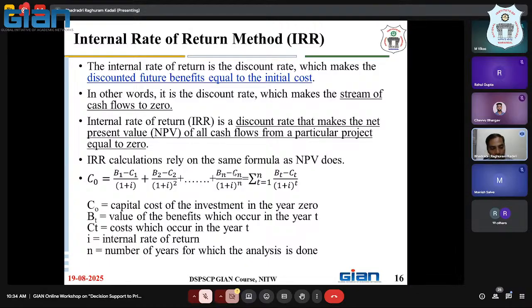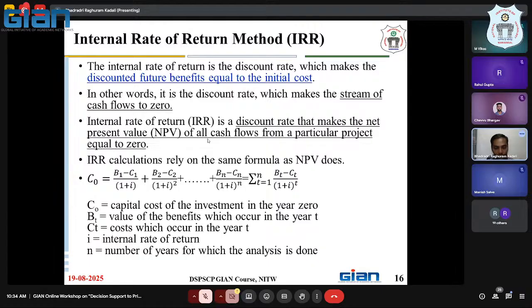Okay, we are moving on to the next method, that is the internal rate of return method. This internal rate of return is the discount rate which makes the discounted future benefits equal to the cost. Suppose the total value of the money for the future case is 1000 crores. Then what discount rate must be taken to reach this 1000 crores?